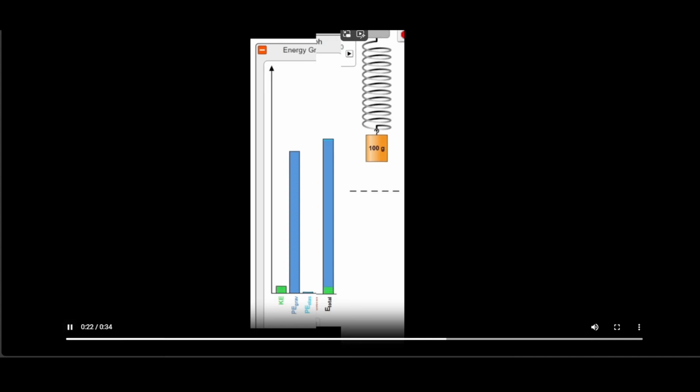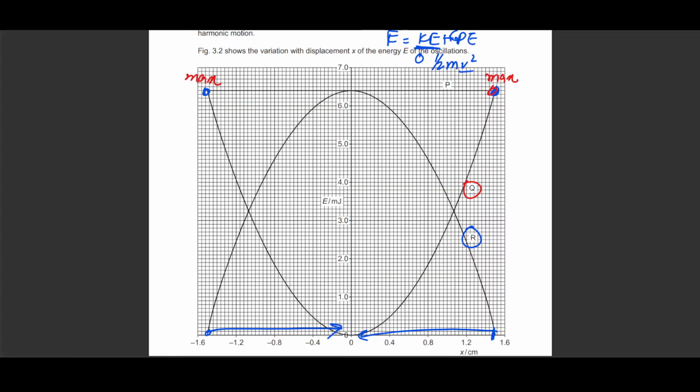And when it comes down to the lowest point, again, it has the highest gravitational potential energy in terms of the mean position. At the mean position, this Q becomes 0. Why? Because although there is a negative displacement, even with the negative displacement, it is going to have some potential energy, right?